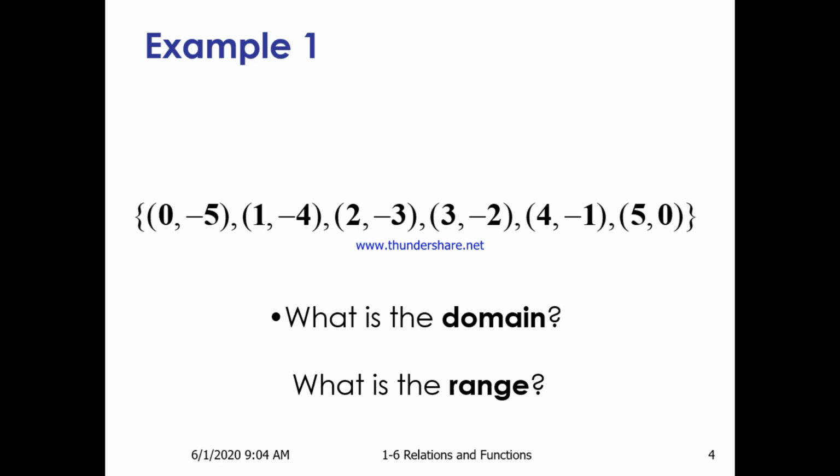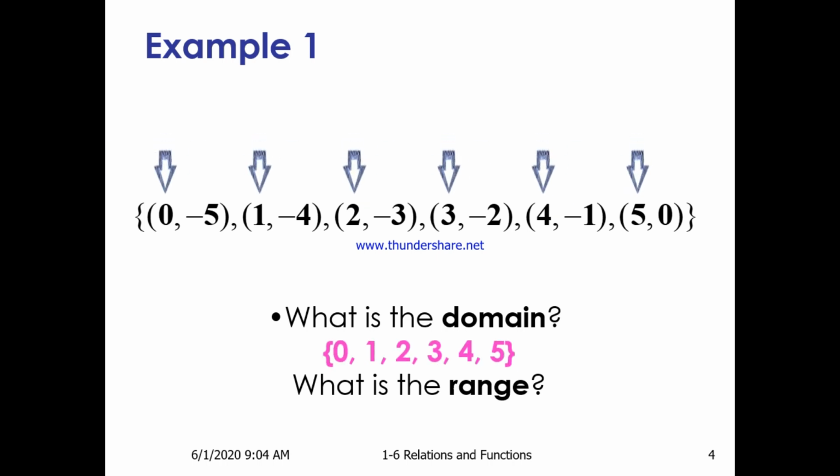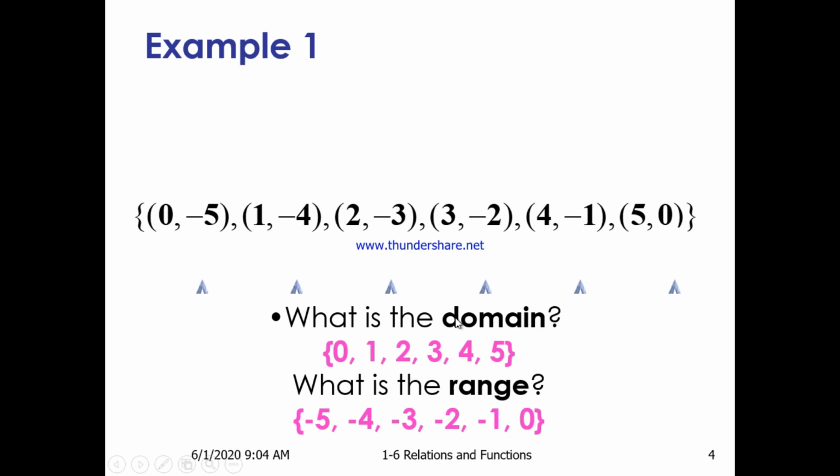So in this example, our domains are 0, 1, 2, 3, 4, and 5, as you can see in the arrow. While the range are -5, -4, -3, -2, -1, and 0. So, given a set of ordered pairs, we can identify the domain and the range in a relation.